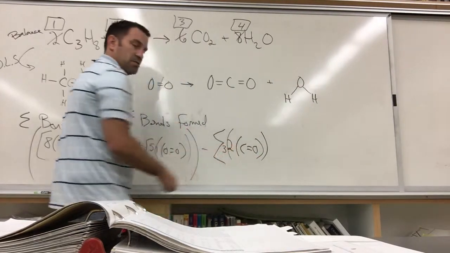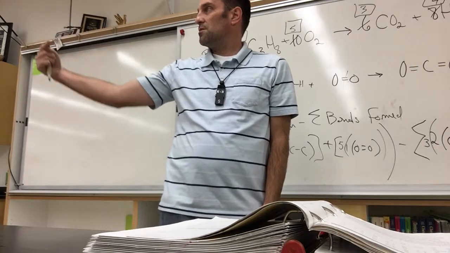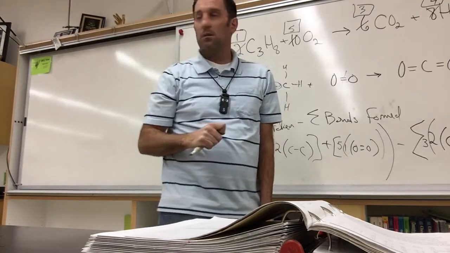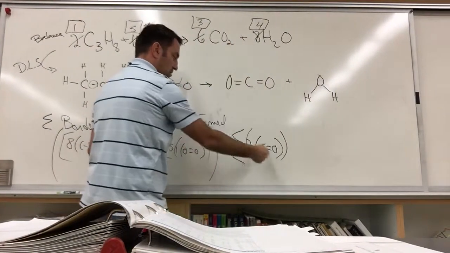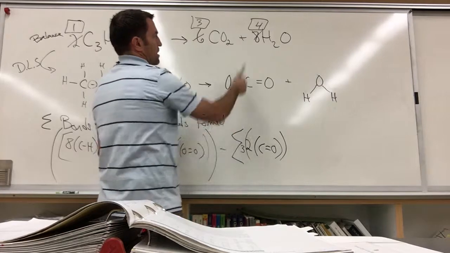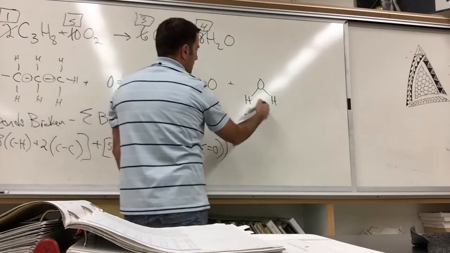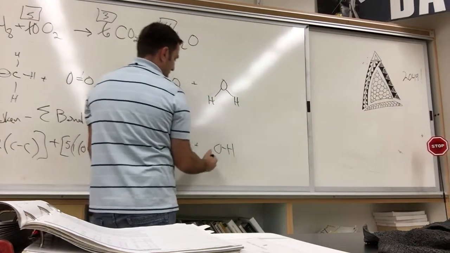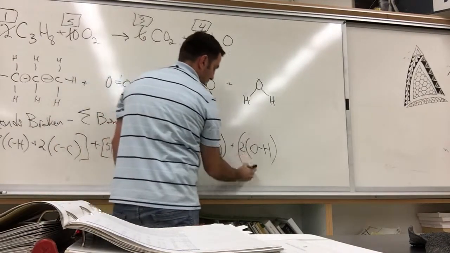Now you could just write 6 in the first place if you wanted to. All right, so we could make it, so I'm just writing it out. Then we come up here, in every water, we got 2 OH bonds. All right, but I'm going to have 4 waters.